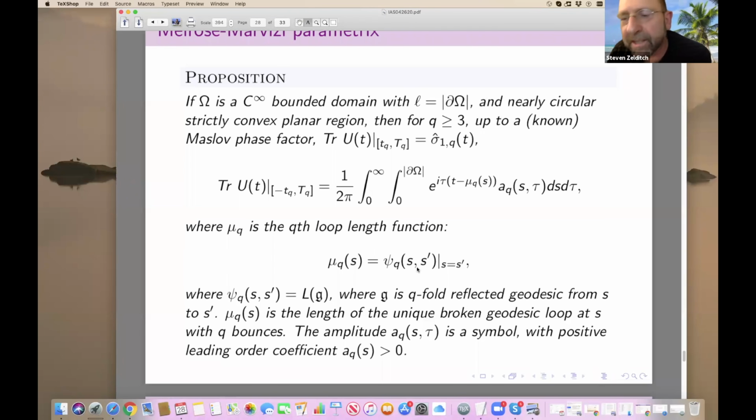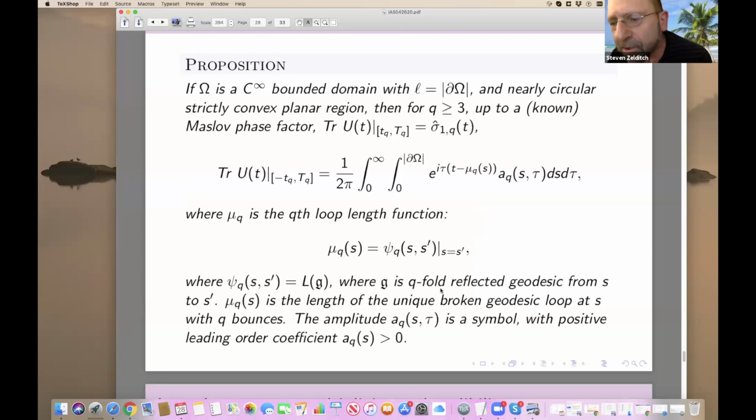The critical points of this function occur at the vertices of a periodic orbit with q bounces. It's part of a theorem that for these q-fold orbits, you can have just one trajectory with q bounces. Melrose looked at this for q greater than or equal to a number depending on the convex domain, but we're doing this for q greater than or equal to 3.